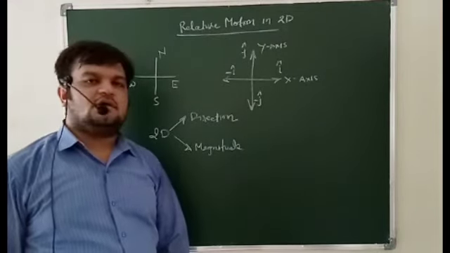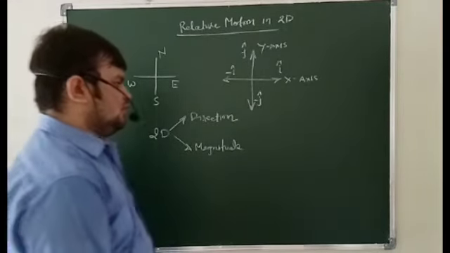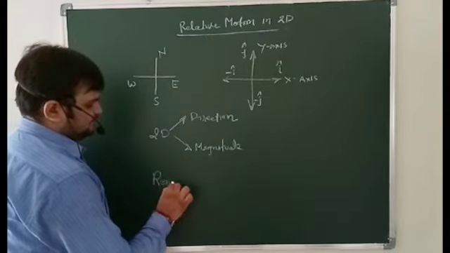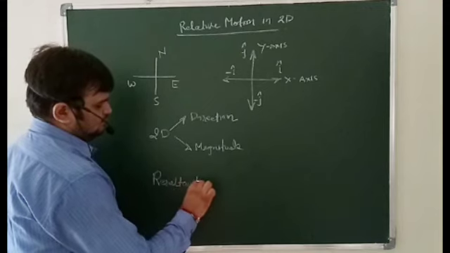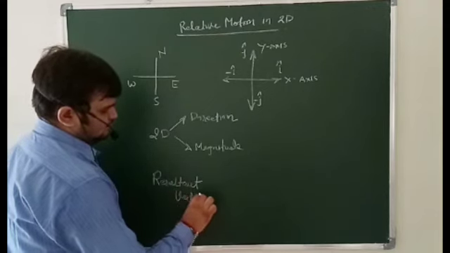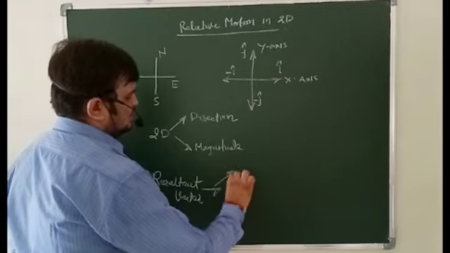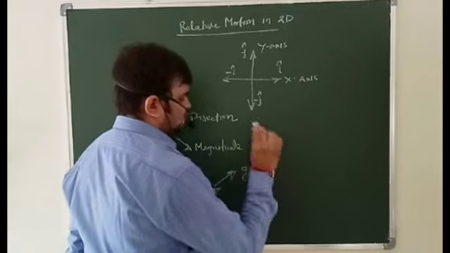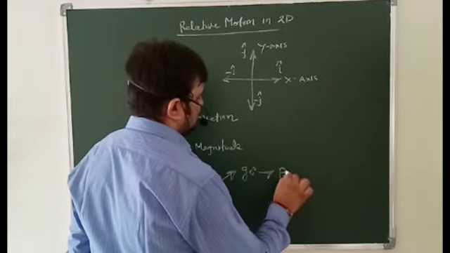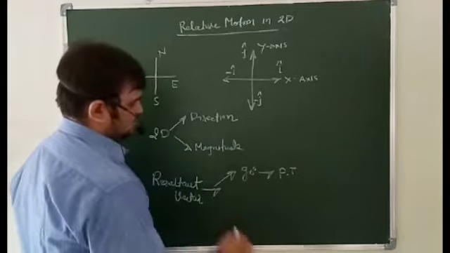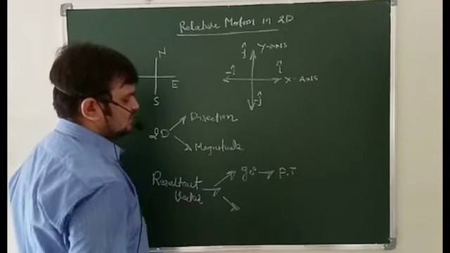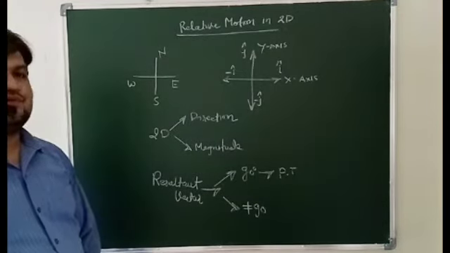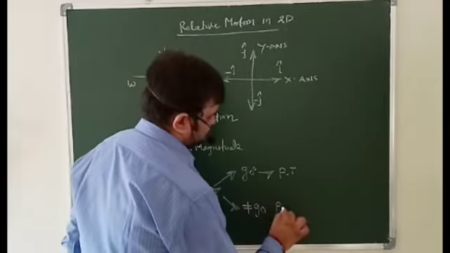And ultimately, for finding a resultant, if the angle between both vectors is 90 degrees, then we find the resultant by Pythagoras theorem. Otherwise, if the angle is not equal to 90, we have to use the law of parallelogram.